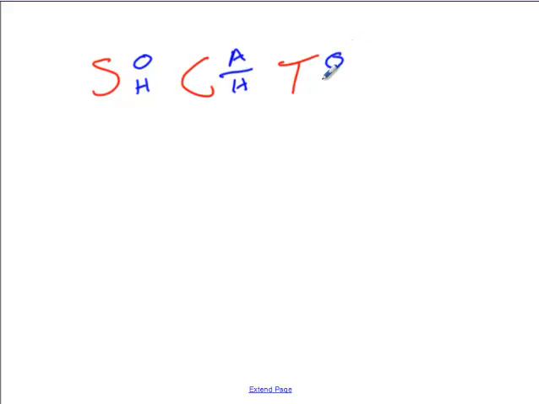And tangent is opposite over adjacent. You're going to see me write it like this throughout. This helps me remember sine is opposite and hypotenuse, cosine is adjacent and hypotenuse, tangent is opposite and adjacent. If you make it into a word and read it, it's SOHCAHTOA. So SOHCAHTOA, if you hear that, we want to write this out and use this as our reference.